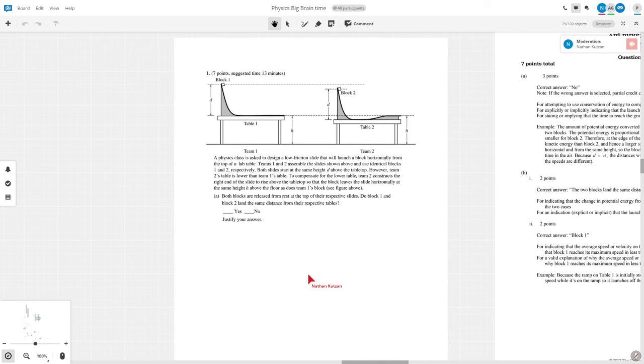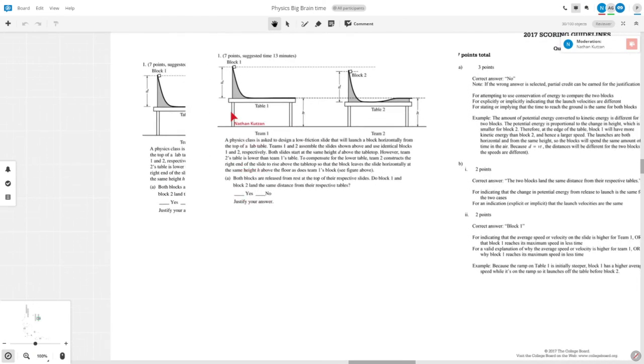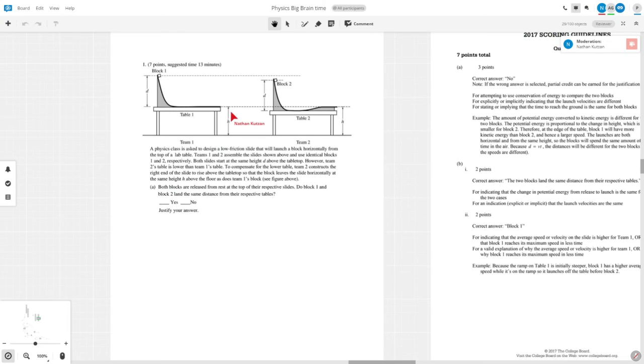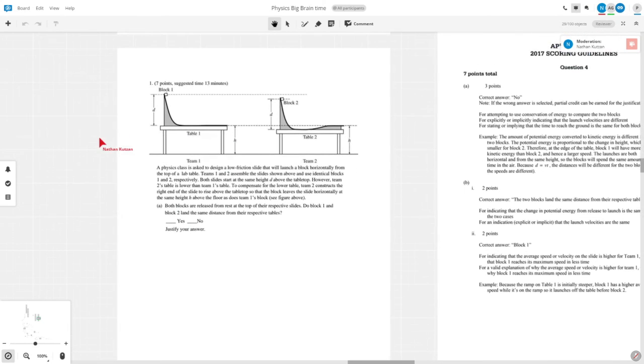So, a physics class, friction slide. We say that the height that both blocks get released at is the same, right? Because you can see that from the line right there. However, the height that they start at is different, right?